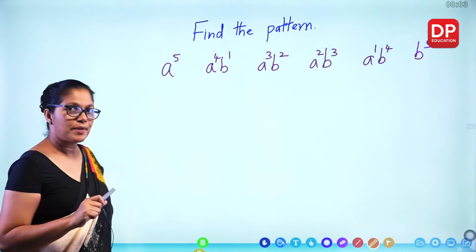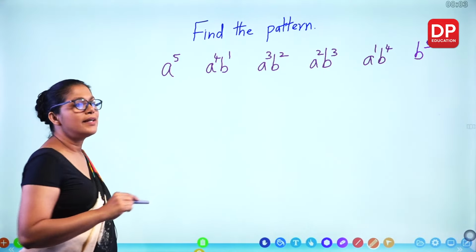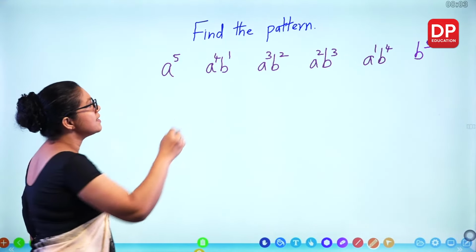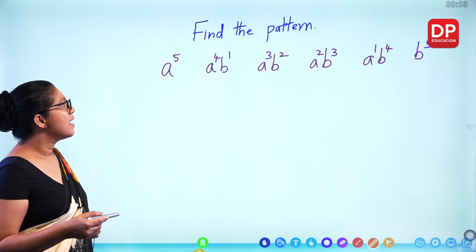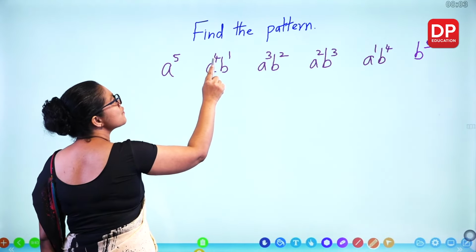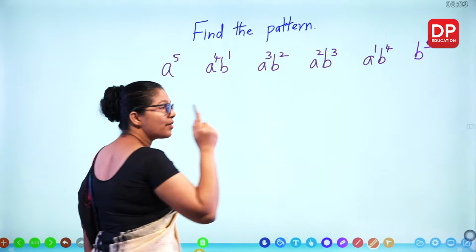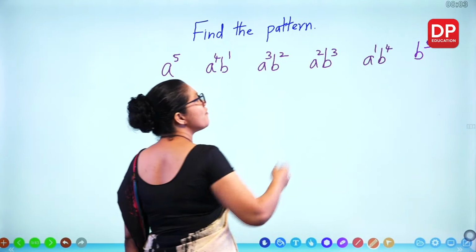What you see? The power of the first one reduces by 1 and the power of the next letter increases by 1. And here, look at the powers. When you add the powers, 4 plus 1, you get 5. 3 plus 2, you get 5 again. 2 plus 3, 5. 1 plus 4, 5.